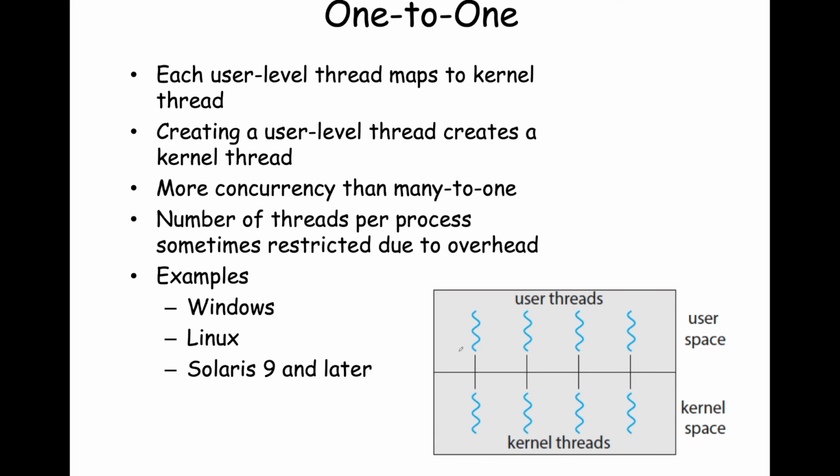And the reason for that is you don't want one process to sit there and allocate, say, 1,000 threads if each of those user threads is associated with a single kernel thread, because you're going to end up grabbing a lot of resources in the kernel. And so some examples of this are Windows and Solaris 9 and later. So Sun Microsystems was very early in support of threading. In fact, they were doing a lot of interesting stuff even back in the mid-90s that you were just reading about in operating systems textbooks. Happy to talk about that at another time.